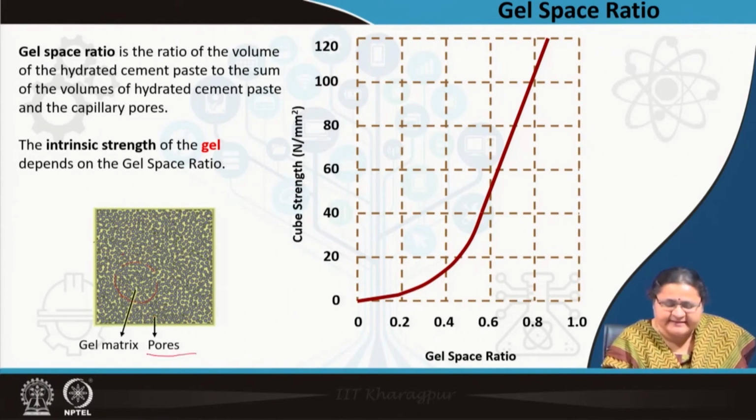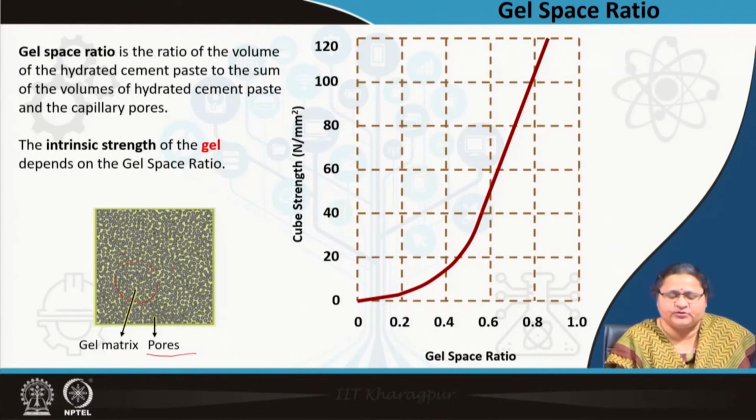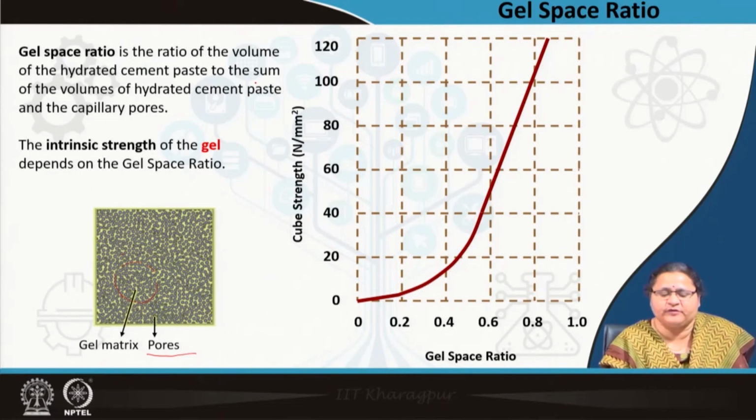These are the spaces in between, the voids or the gaps in the gel. So, the gel space ratio, as you can see, is the ratio of the volume of the hydrated cement paste divided by the sum of the volume of the hydrated cement paste and the capillary pores.